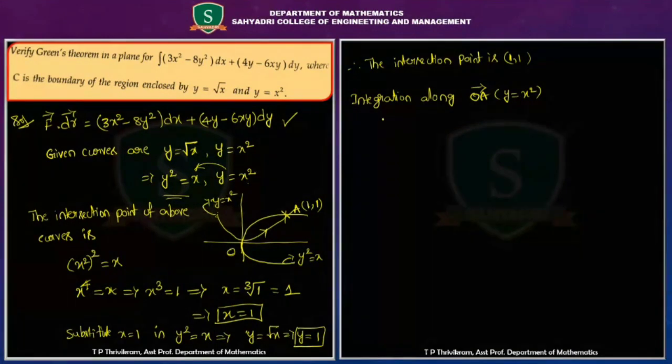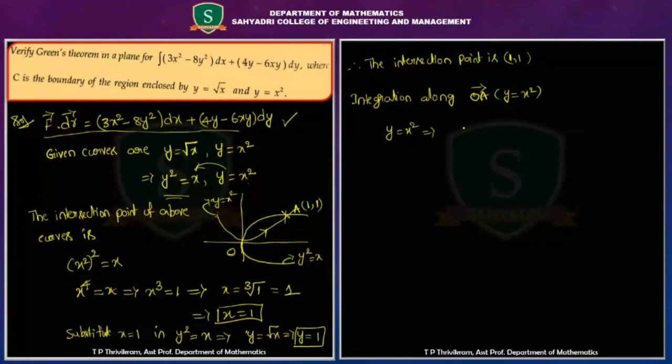Here I am going to substitute y equal to x square. Differentiate with respect to x. Because in F dot dr we have dx and dy, since we are taking y equal to x square, we need to find the dy value also.